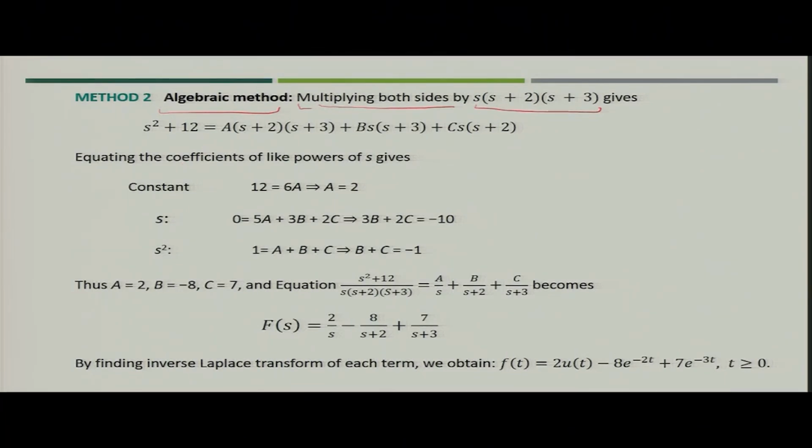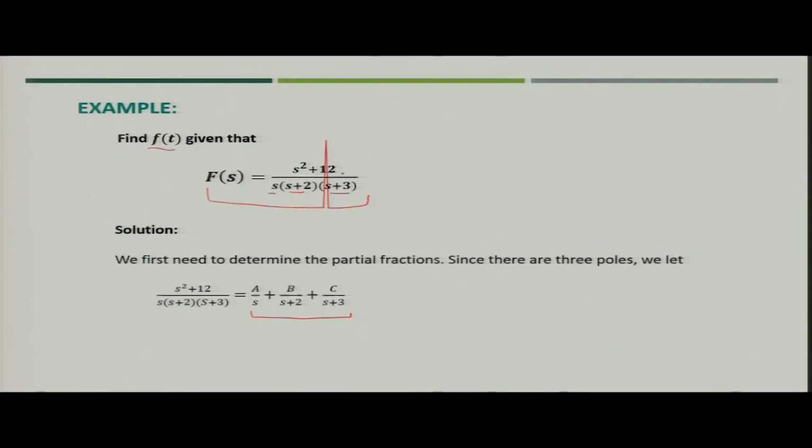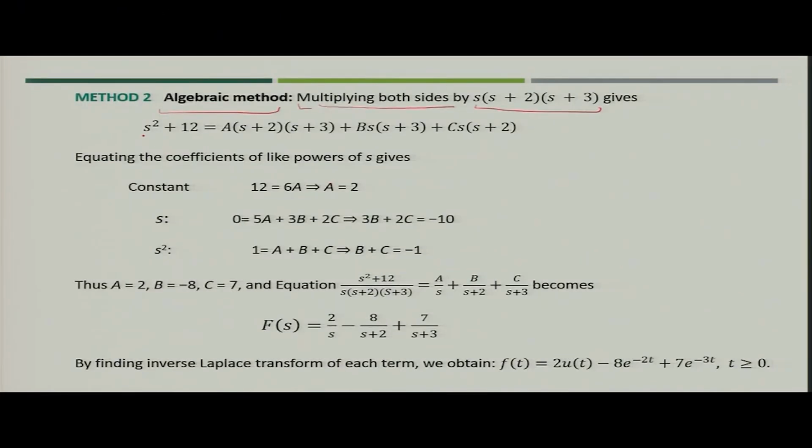If you see the expression here, s² + 12 is there in the numerator, and in the denominator we have s(s + 2)(s + 3). If you multiply both sides by this, what you get? s² + 12 is nothing but A(s + 2)(s + 3) + B(s + 3) + C(s + 2).